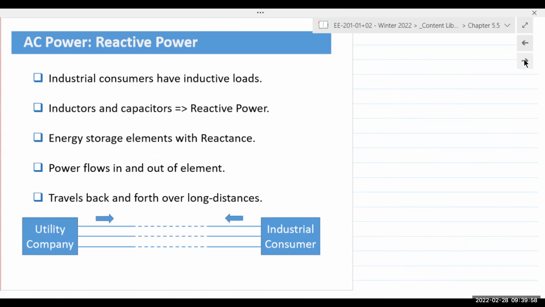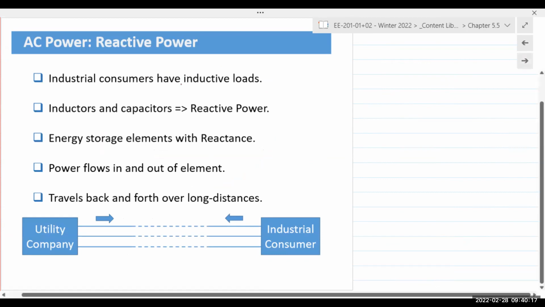There's a physical plant on campus right here where you have electric machines that run constantly. All of these electric machines have a coil winding. Schematically, a coil winding is an inductor. And so all industrial customers have inductive loads.